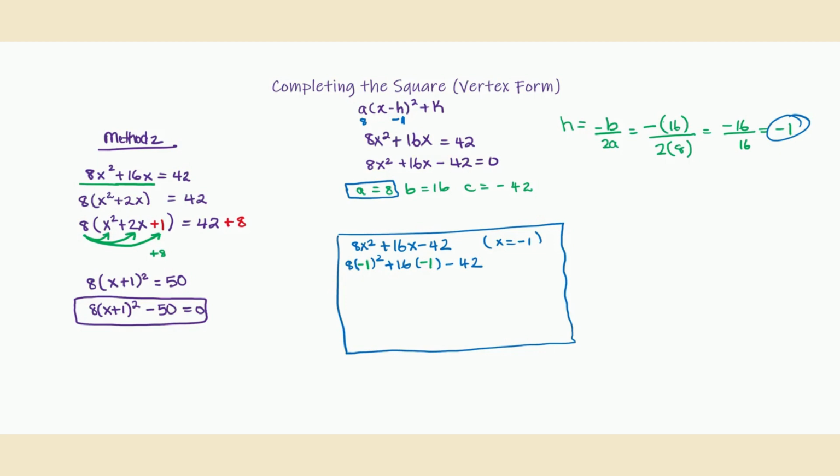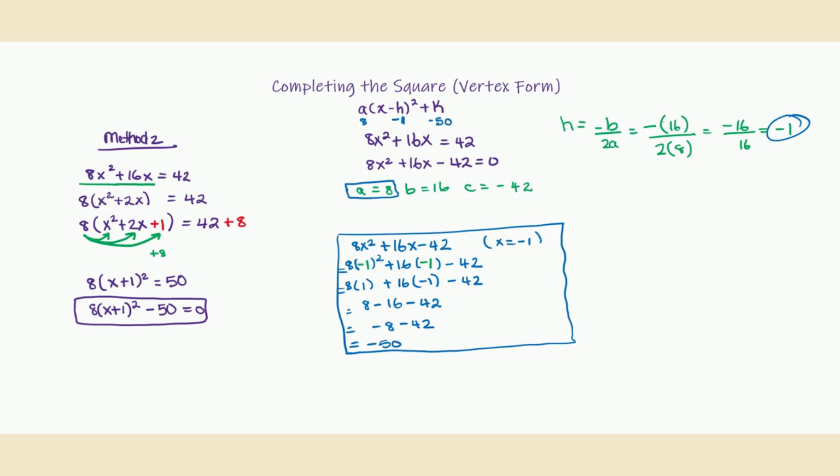Now simplify. Negative 1 squared is positive 1, so 8 times 1 is 8. 16 times negative 1 is negative 16, minus 42. 8 minus 16 is negative 8. Minus 42 is negative 50. So k is negative 50.